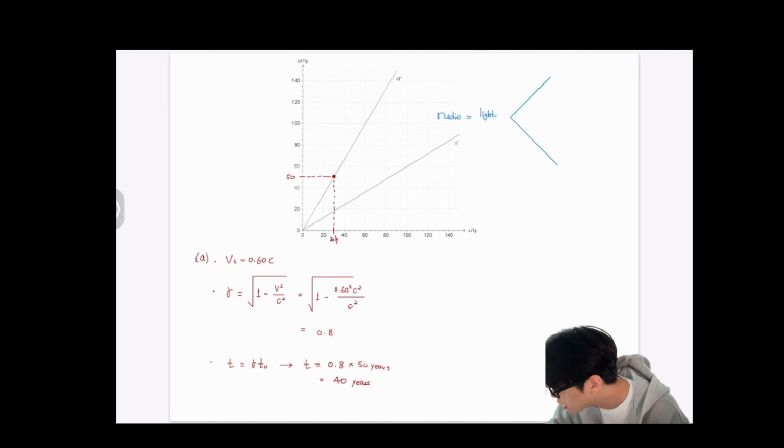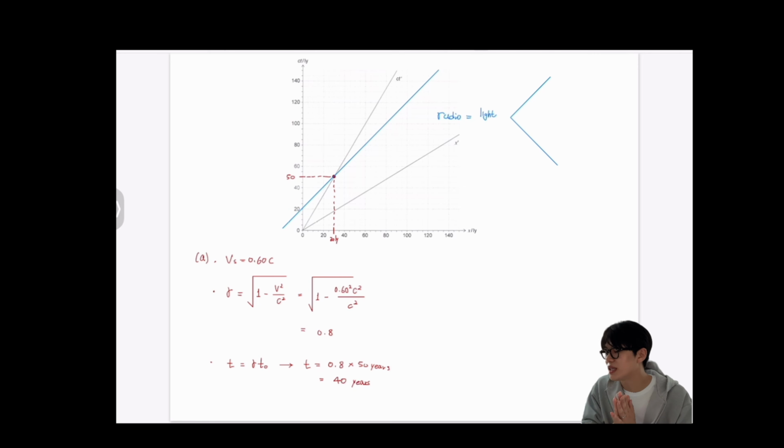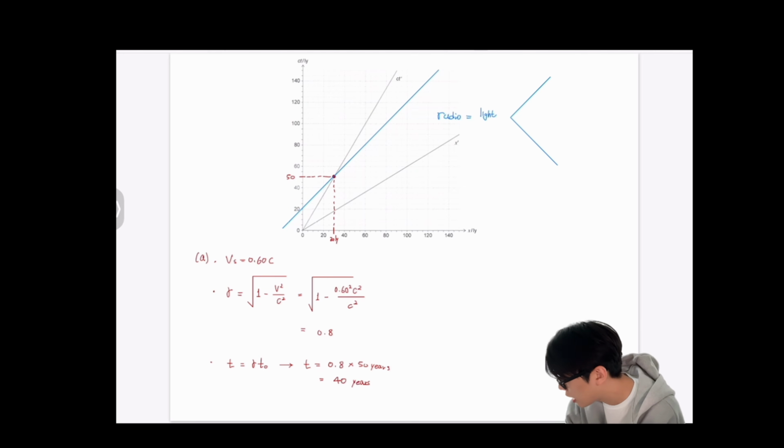So if I try this line first, the 45 degree is something like this line. However, it never cuts the line of the Earth, which is the x and ct prime, right? So I have to draw another line, which is the 45 degree downwards, something like this.